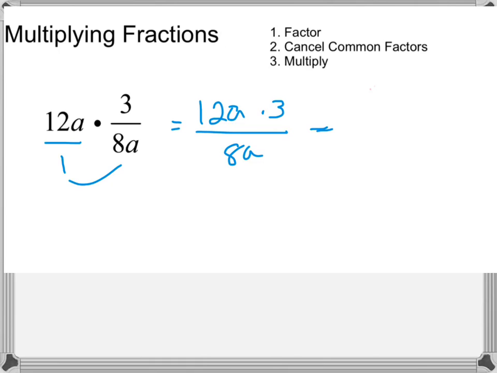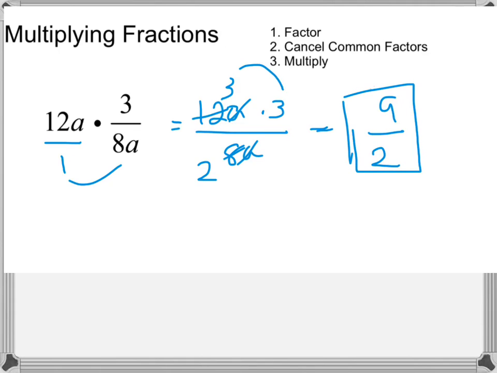But I don't want to multiply those out. So I want to think of, well, a and a cancel immediately. And 12 and 8 share a factor of 4. So 12 divided by 4 is 3. 8 divided by 4 is 2. So in the numerator I have 3 times 3, which is 9 over 2. And that's as far as I can go. 9 and 2 don't share a common factor.